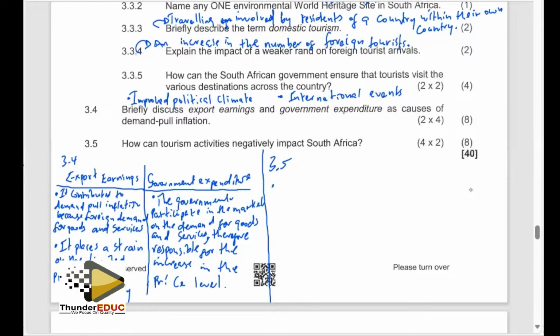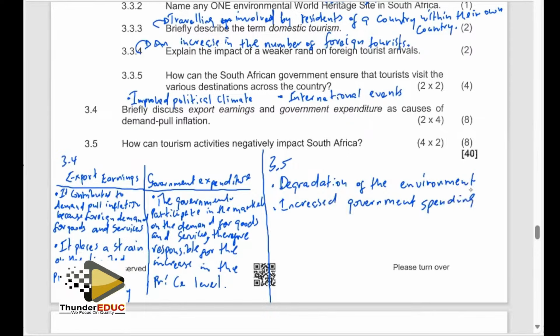Okay, right. We are saying that degradation of the environment, then increased government spending, also development of tourist facilities on scarce land.